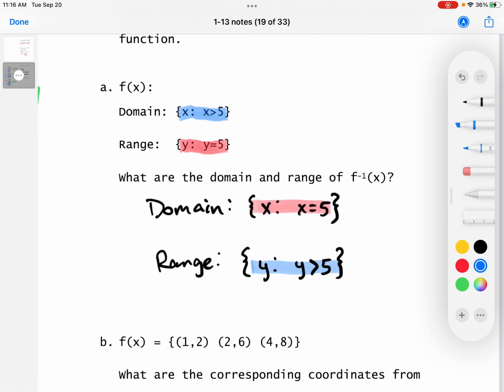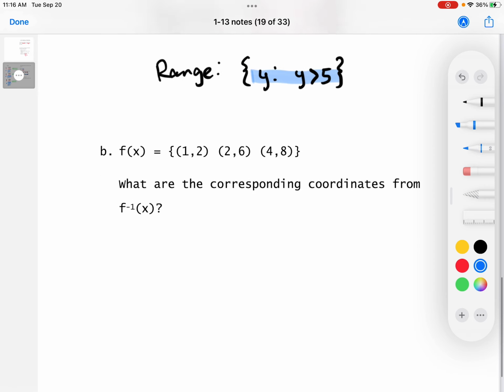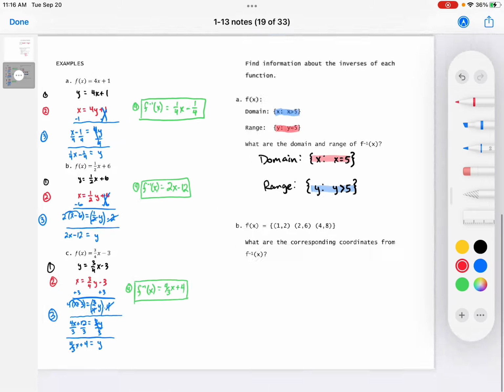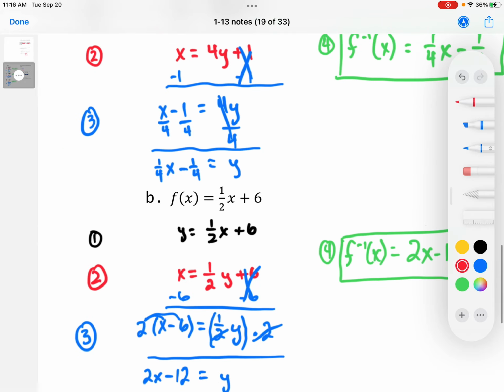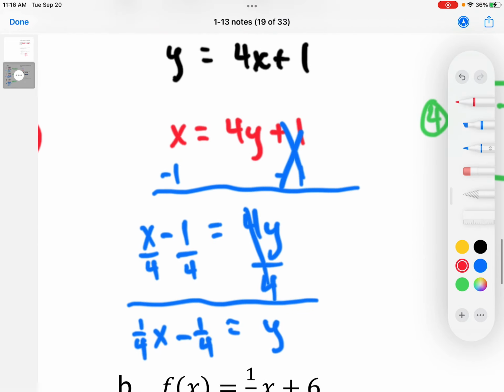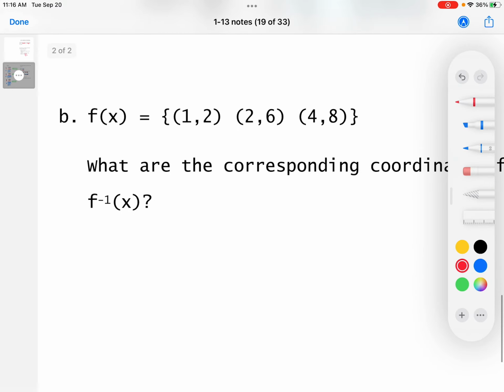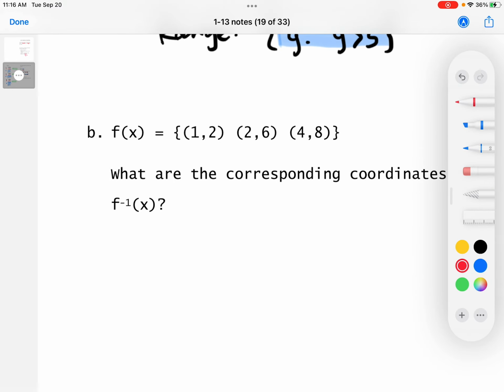Okay, moving on to problem B right here. Okay, remember your definition of inverses, that they have swapped domain and range. When we looked at it in equations, step number 2 was that we literally swapped out x and y in the equation. Well, the same thing happens right here. We've got these points, (1, 2), (2, 6), and (4, 8) in our original function.